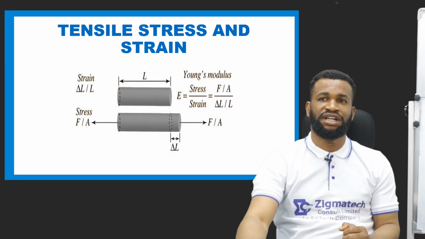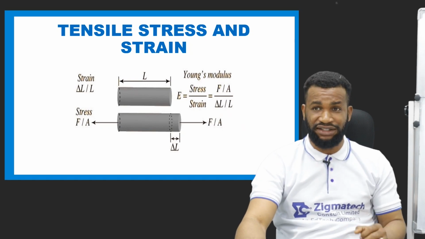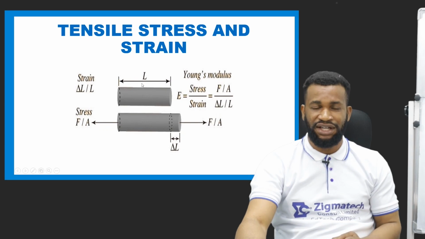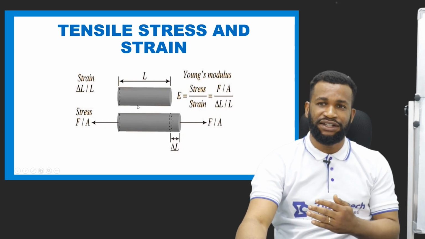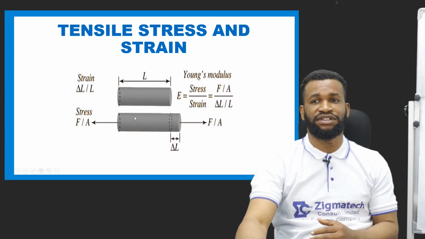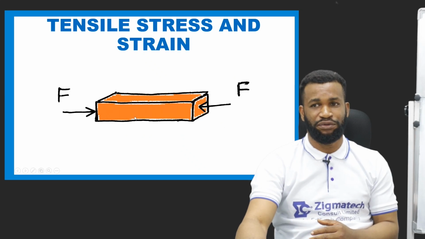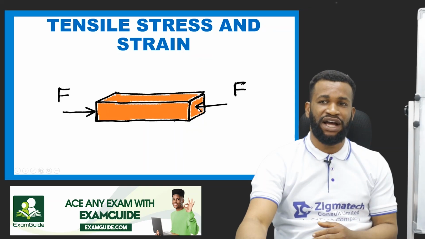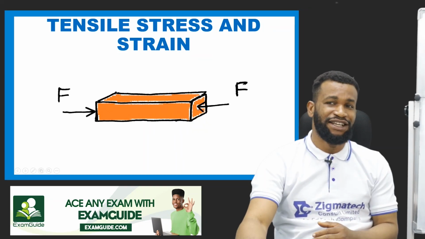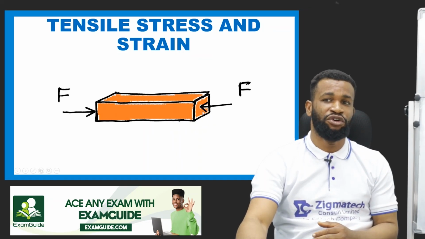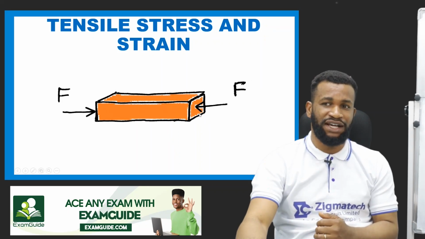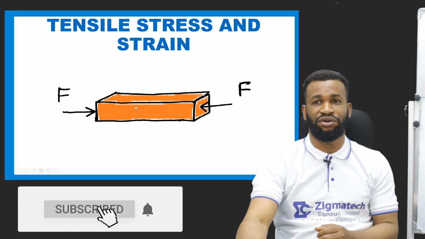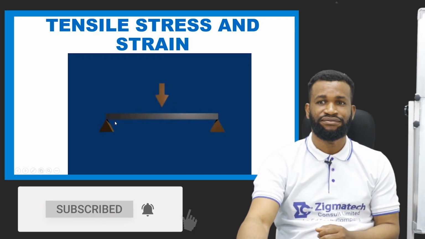But at this point, when we are talking about the tensile stress, mathematically, we are talking about the force applied on an object and the unit area where the force is applied. For example, looking at what you're watching now, you see that a force is applied at a given surface area. So it is all about the force applied and the area at which the force is applied, and that is what is called the tensile stress.